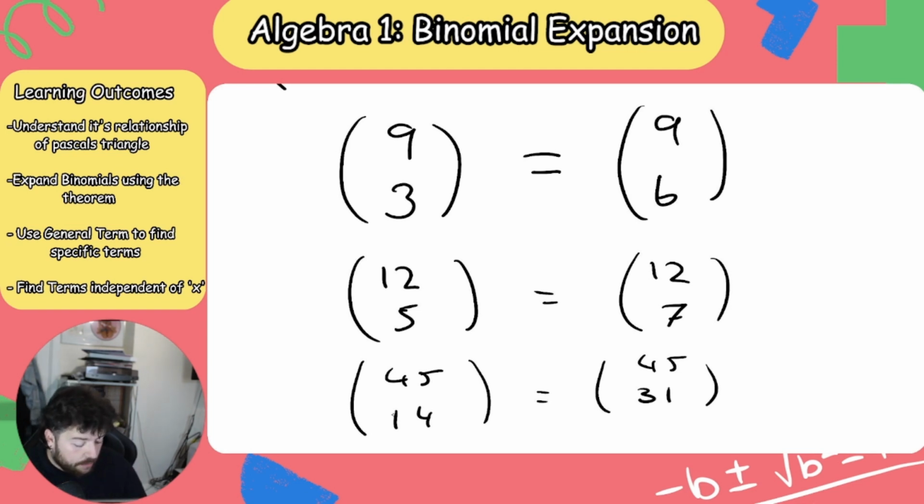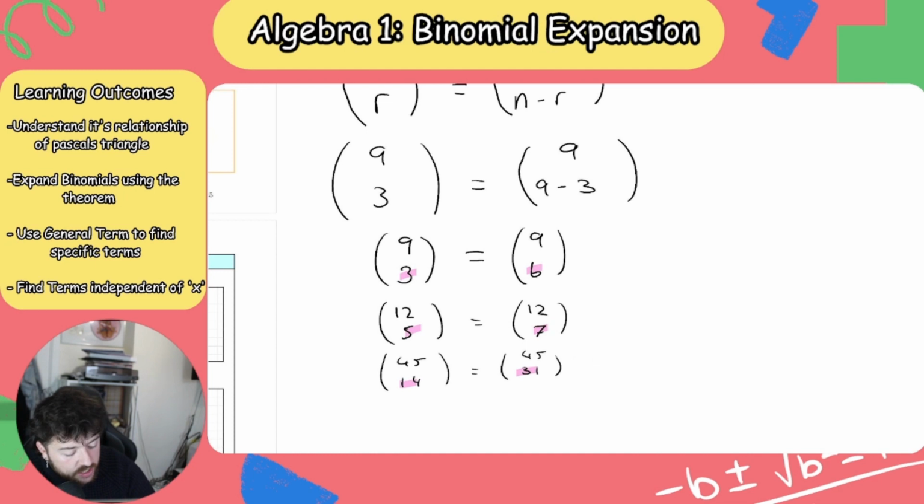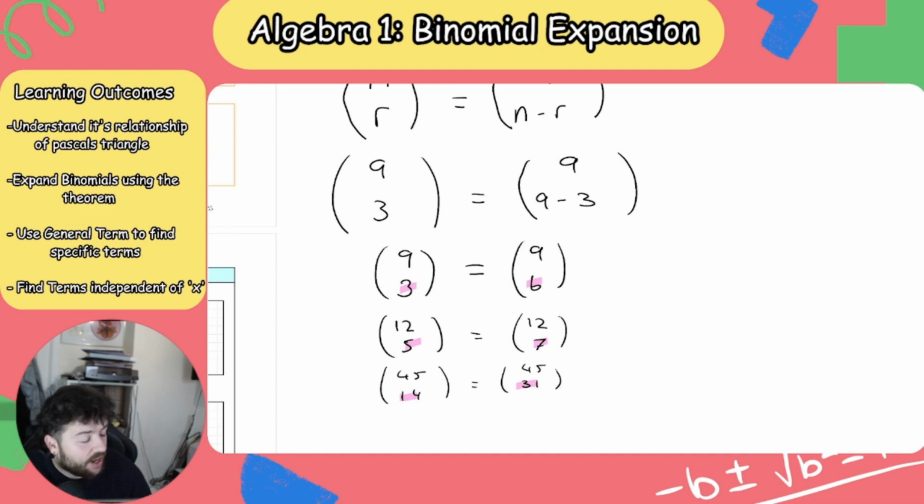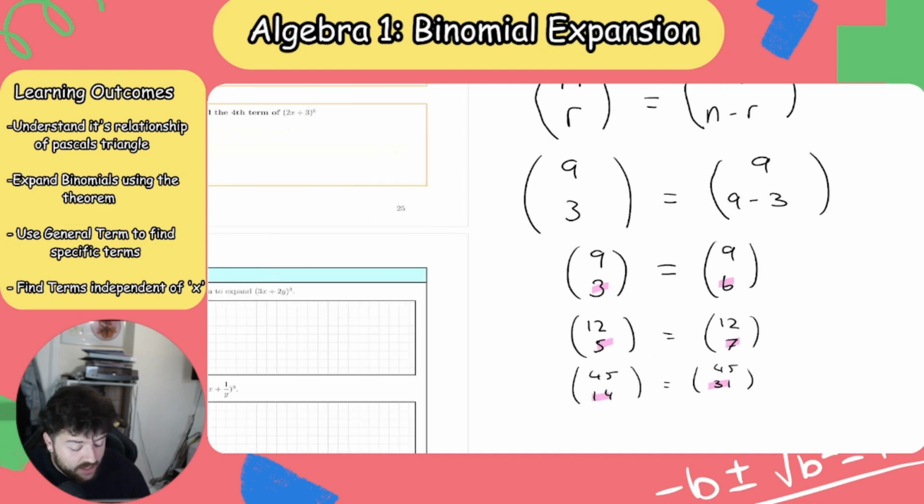See how the bottom numbers all add up: 3 plus 6 is 9, 5 plus 7 is 12, 14 plus 31 is 45. So that's choosing. You just have to remember: how many groups of blank can I make from a set of blank. And in your calculator you click Shift and then the division symbol.